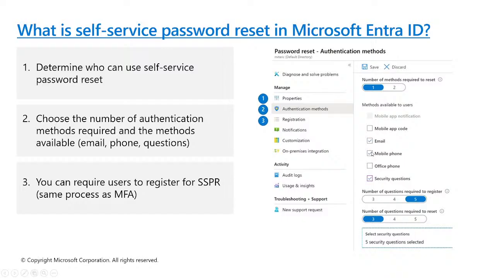And if it's mobile phone, it might be a text message to your mobile phone, or a call to you from the automated system to give you maybe a code and the like, before you can actually reset your password. But what I need you guys to understand is that this feature gives users the liberty to reset their password without the need for an administrator to do that for them.